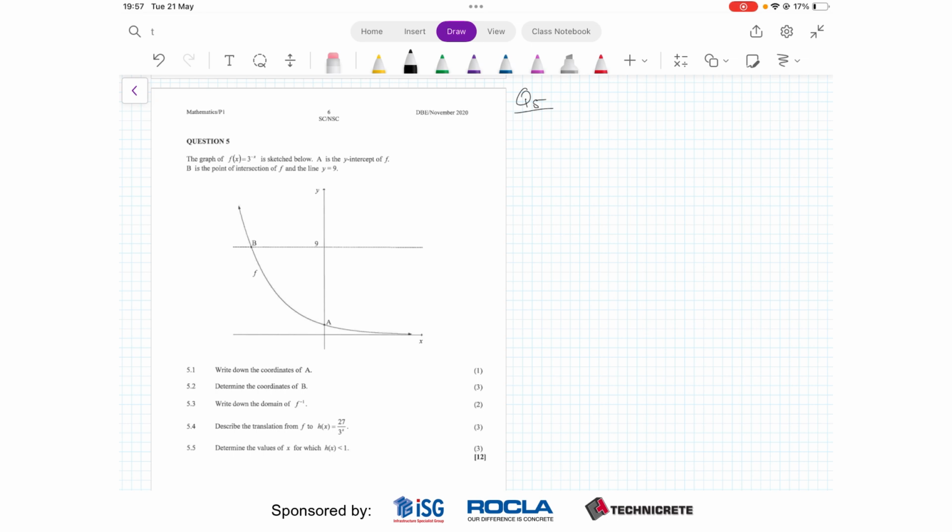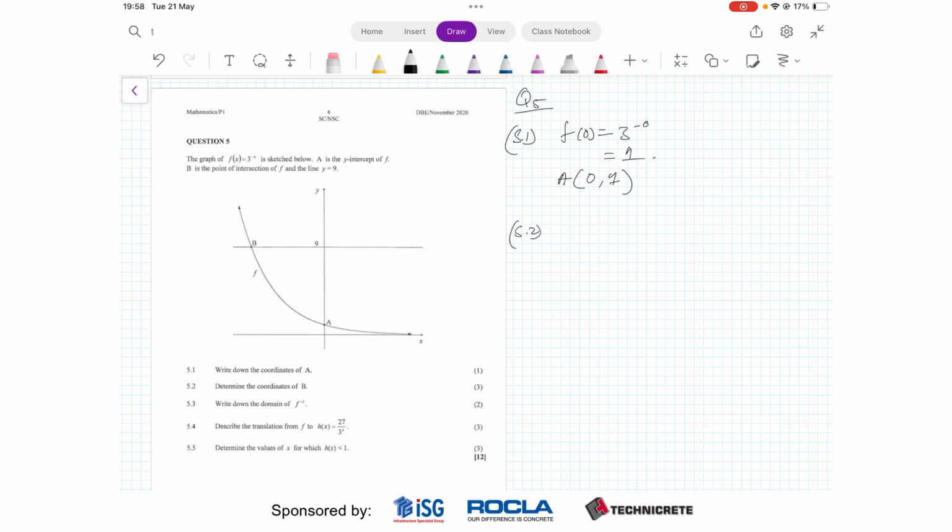Write down the coordinates of A. Immediately, you can tell that the coordinates of A are 0 and 1, because A is the y-intercept. So if A is the y-intercept, that means f at 0 is equal to 3 to the minus 0, that will be 1. Therefore, A will be 0 and 1.